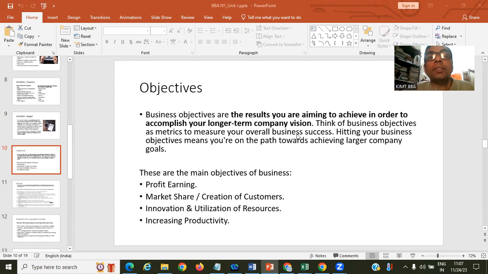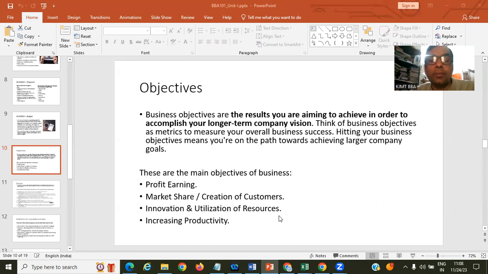If you have questions related to objectives, you can write that. And that is broken down into smaller pieces. You can remember this when you are doing a task to achieve your long-term vision. You have a motive of profit sharing. You are increasing your market share.